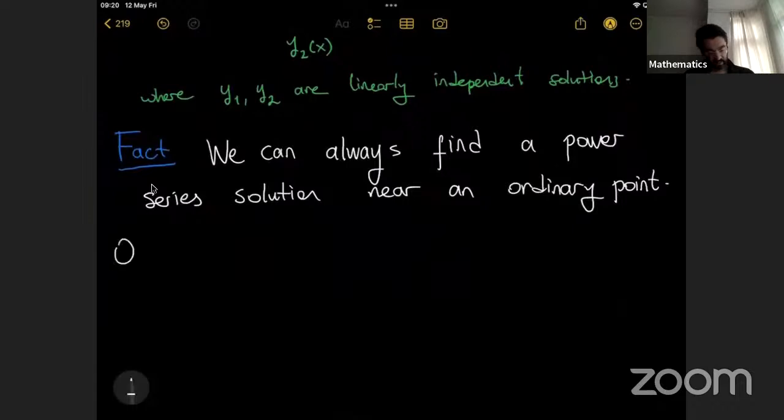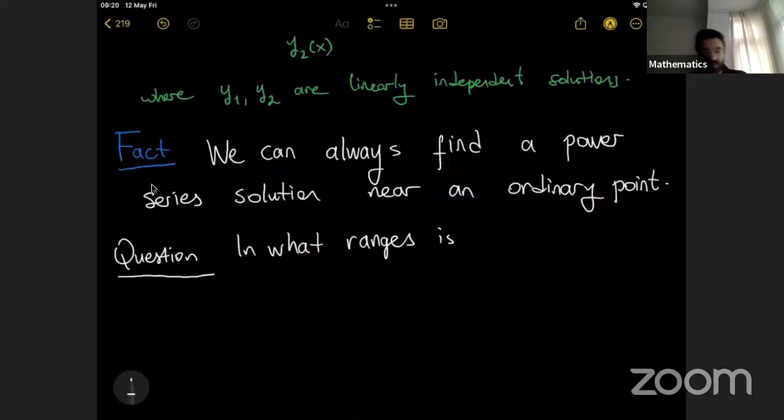And the question here is, in what range is the power series representation of the solution valid?